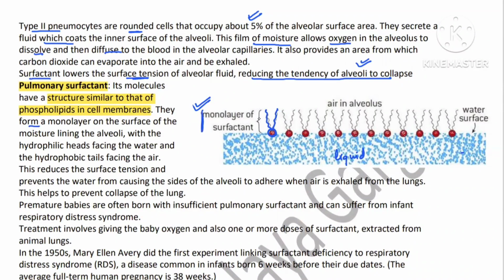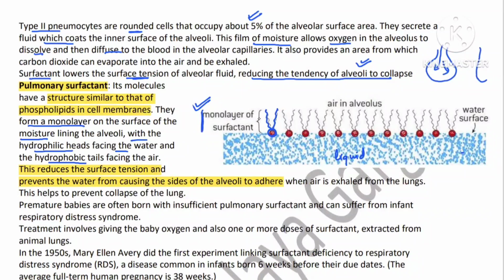They form a monolayer on the surface of the moisture with the hydrophilic head facing the water and the tail facing the air. Why are they doing it? Just to reduce the surface tension and prevent the water from causing the sides of the alveoli to adhere. Because when you do inspiration, your alveoli are fully expanded.